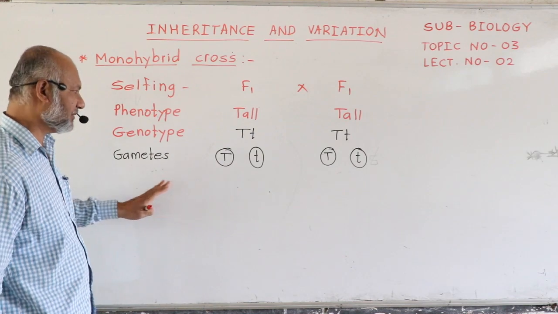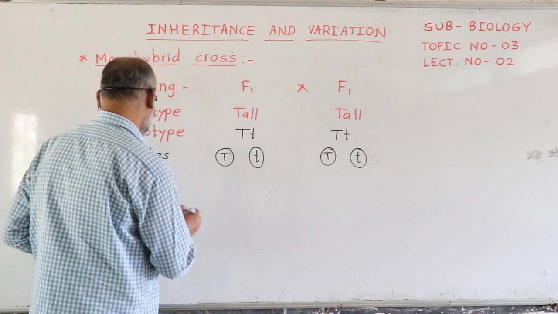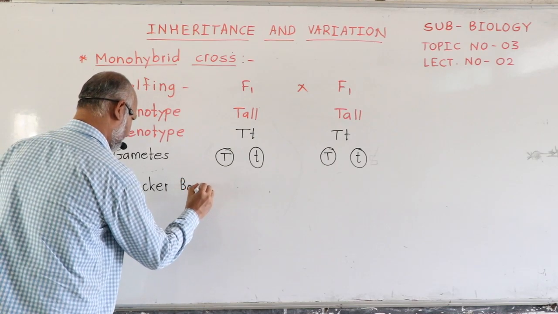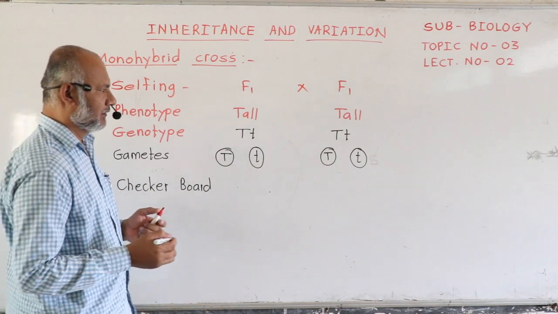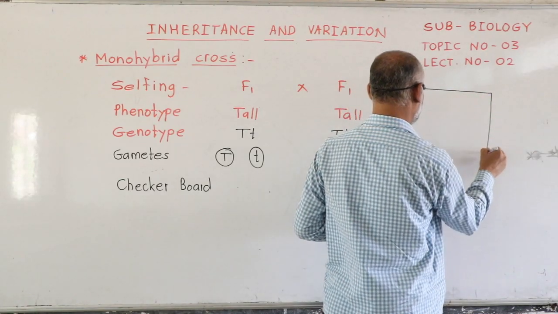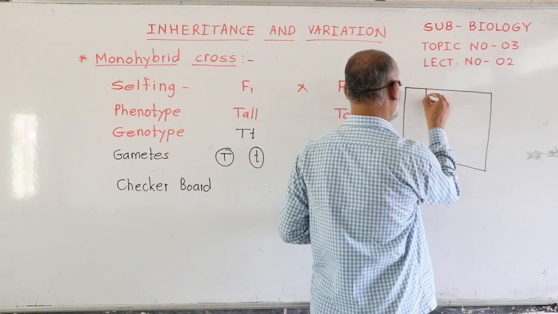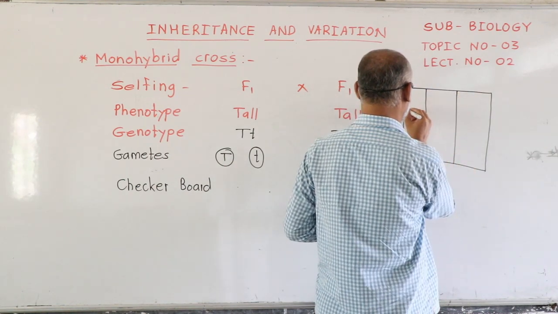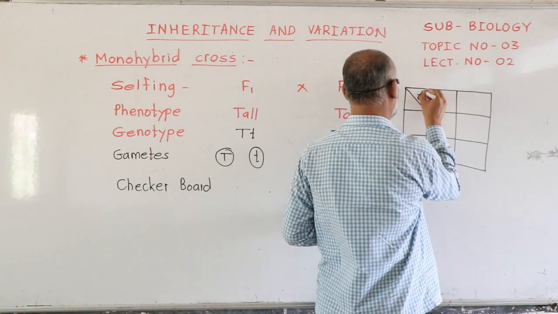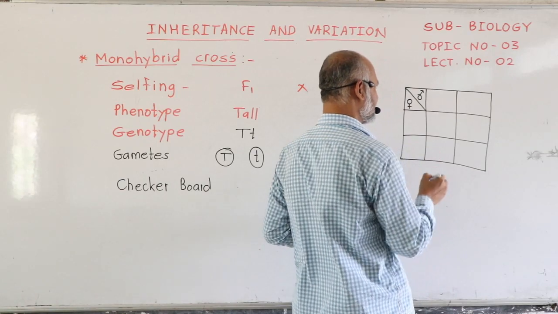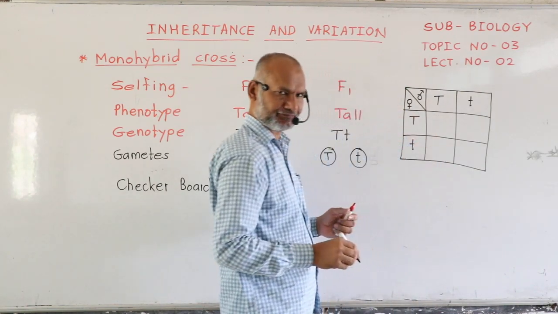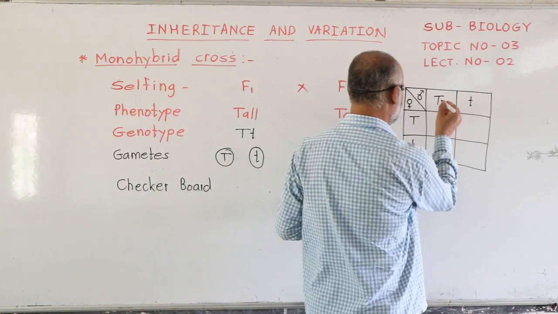Here, male gametes, capital T, small t, and female gametes, capital T, small t. Now the combination of these gametes: capital T capital T, capital T small t, capital T small t, and small t small t. Okay. It is the genotype of these offspring.